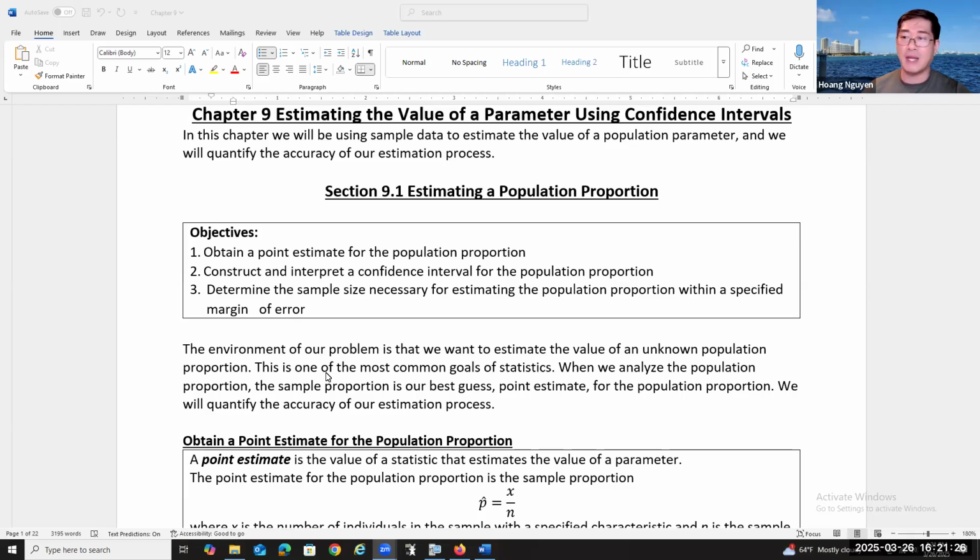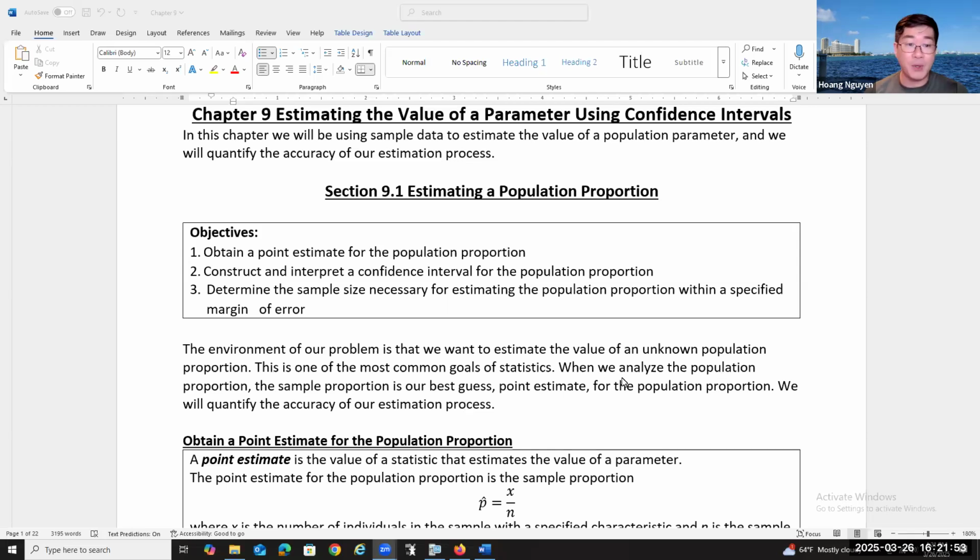So we need to use a statistic that we have, and based on that statistic, we do some further calculations so we can estimate a population parameter. This is one of the most common goals of statistics.